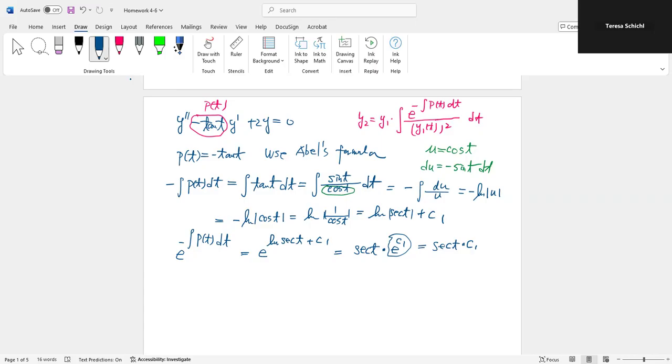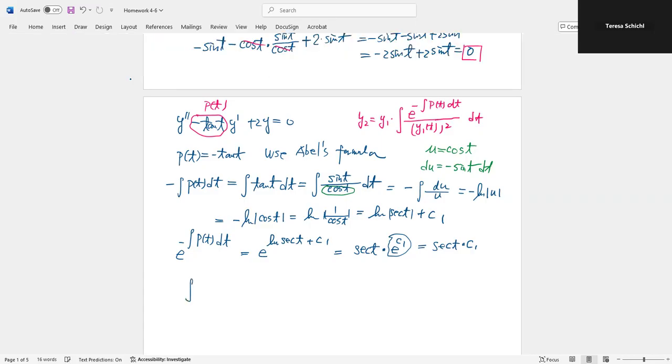So now here we'll have this. I'm working on the inside integration, so it will just be secant t times c1 times secant t. Then the bottom is y1 squared. y1 is the sine, right? So I have sine squared t dt here.